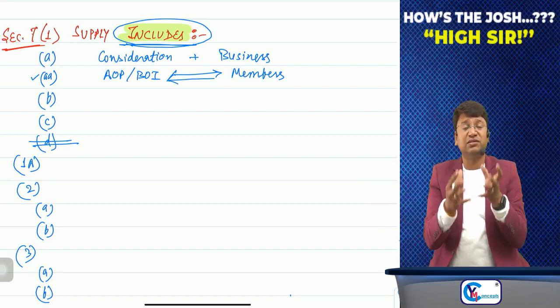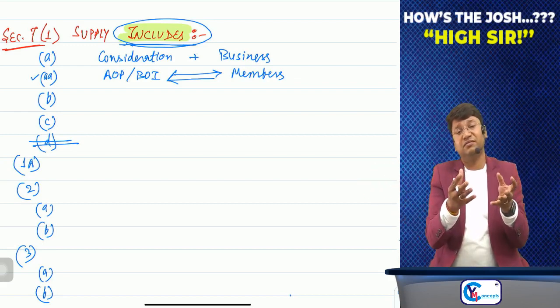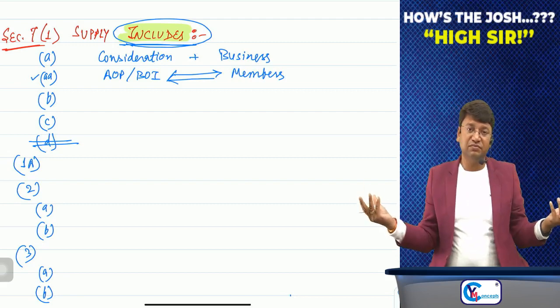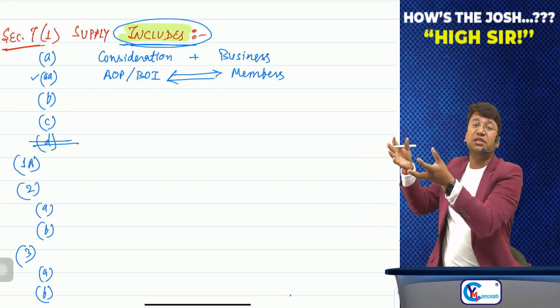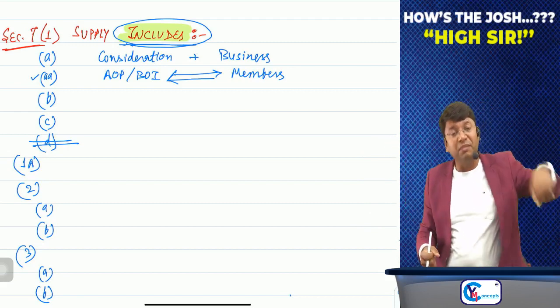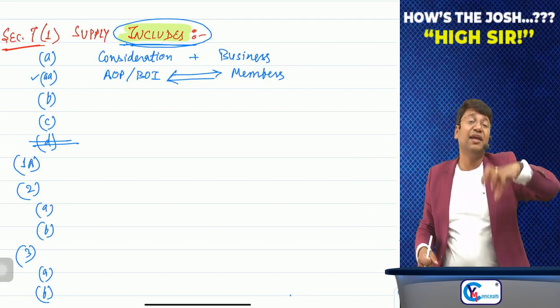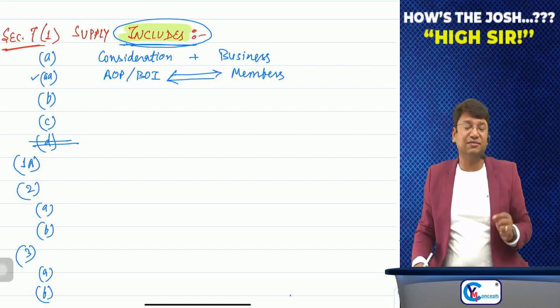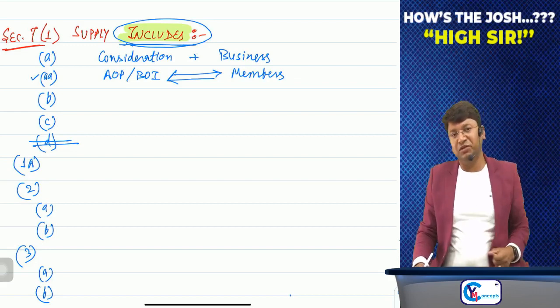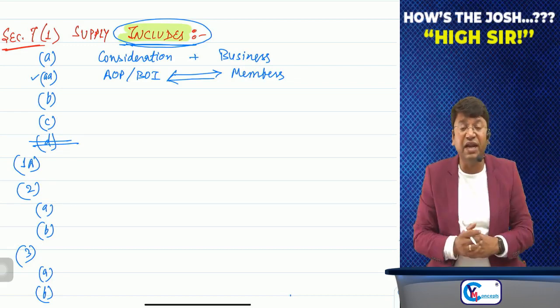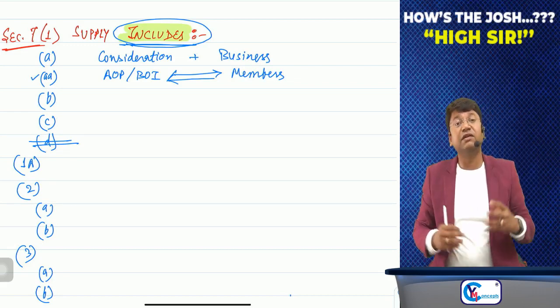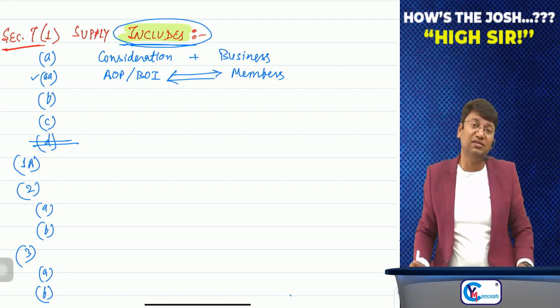AOP or BOI itself is a separate entity, like, sir, any friends club, any housing society charging any membership fee or any maintenance fee from the members. It is a supply of service by the AOP to the member, and yes, it will be chargeable to GST. A separate clause AA was inserted by the Finance Act 2021 because there were many ambiguities in the industry.